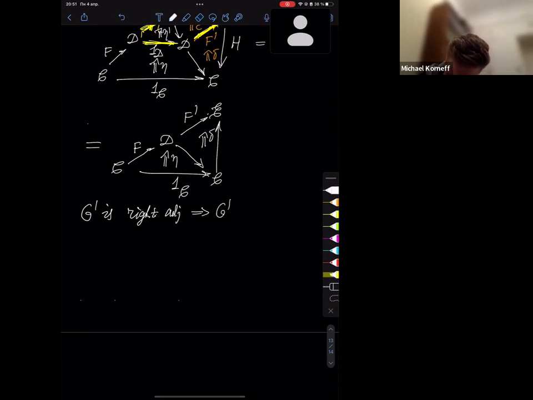G prime preserves the right Kan extension F prime F.